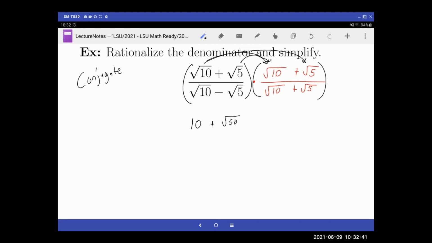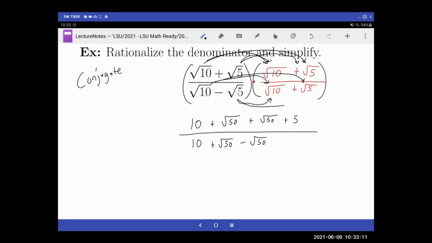Square root of 5 times the square root of 10, the square root of 50. Square root of 5 times the square root of 5 is 5. All right, and then in the denominator, square root of 10 times square root of 10 is 10. Square root of 10 times square root of 5, square root of 50. Negative square root of 5 times square root of 10 is negative square root of 50. Negative square root of 5 times square root of 5 is negative 5.